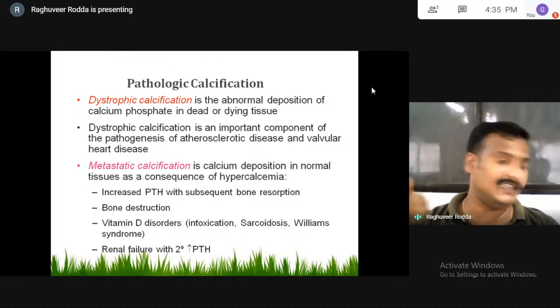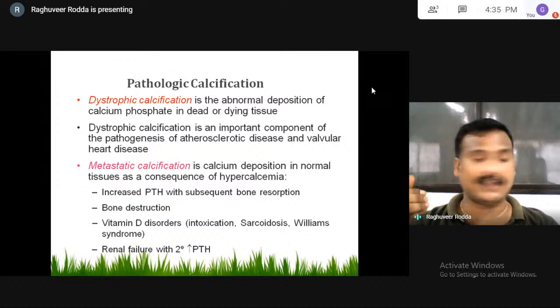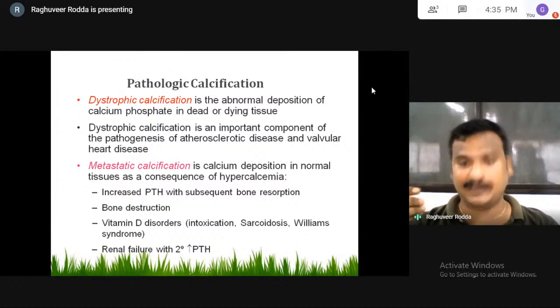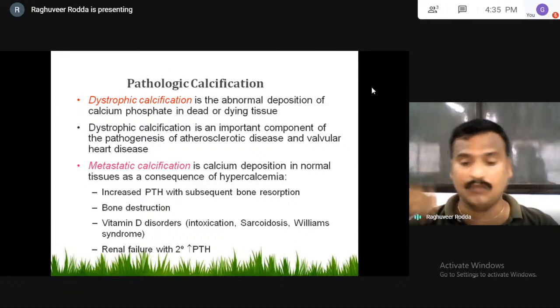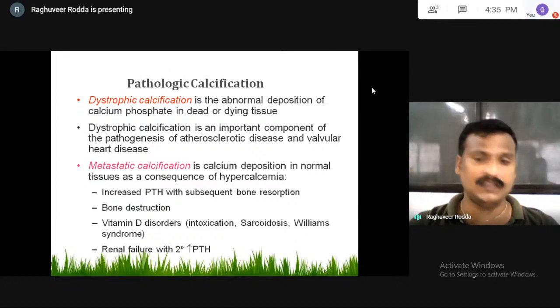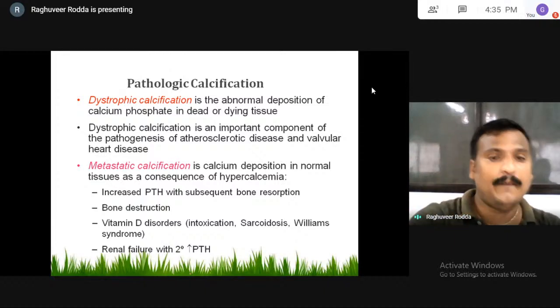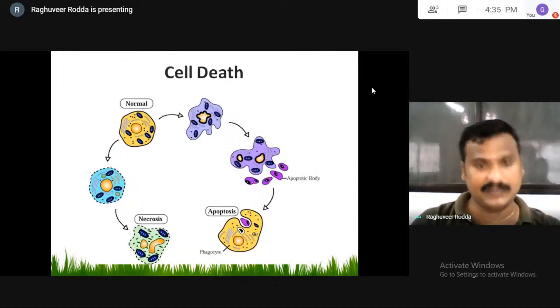So when there is an imbalance in the parathyroid hormone, or increased parathyroid hormone levels, such conditions lead to renal failure, which also causes more and more calcium deposition in the fluids of the body, and that will migrate to the normal cells. Such things are called metastatic calcification.